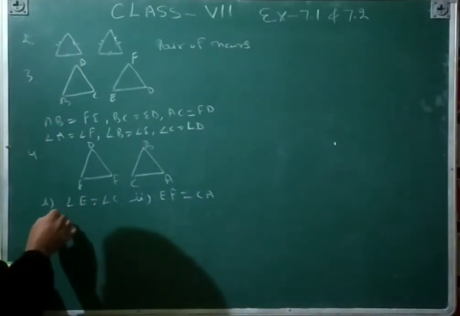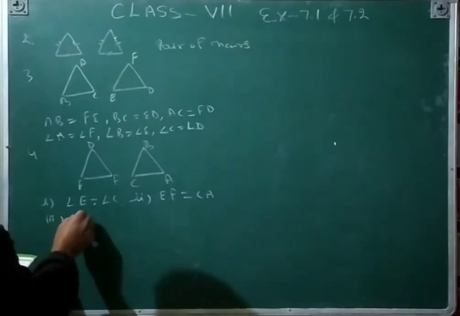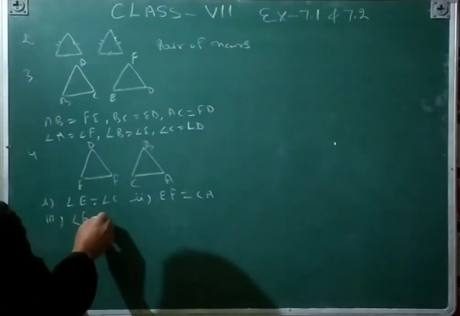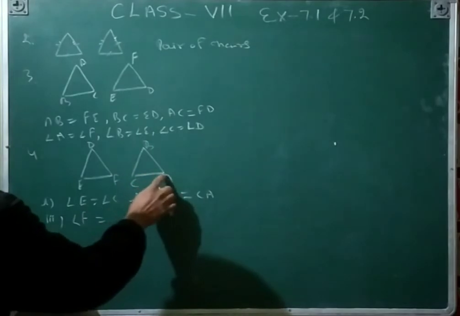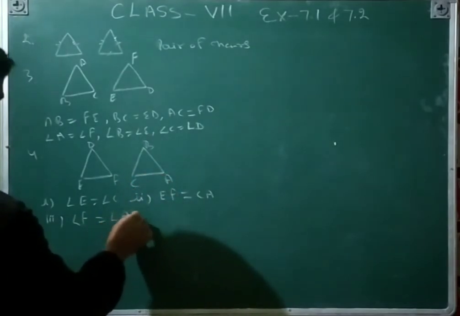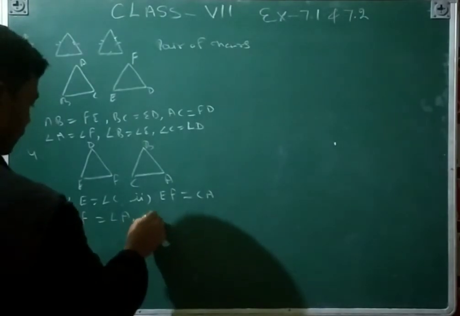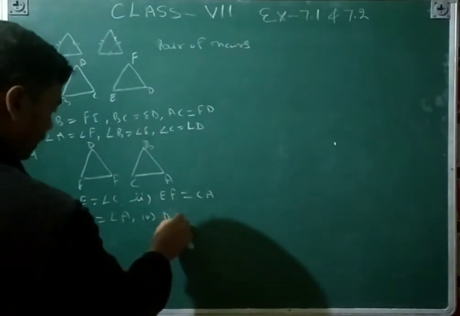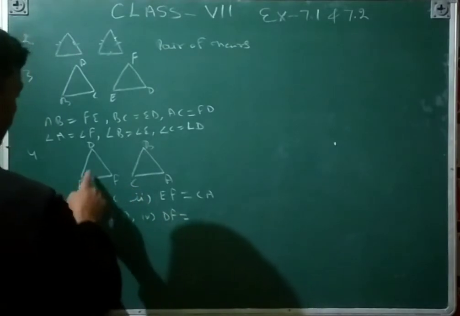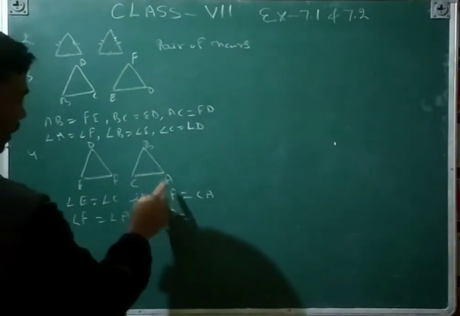Third part, angle F is equal to angle A. And then fourth part, DF is equal to BA.